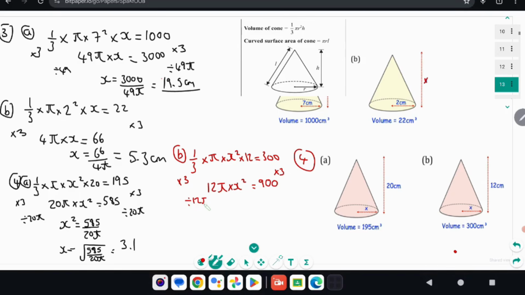Divide by 12 pi. And then square root both sides. x is 4.9.